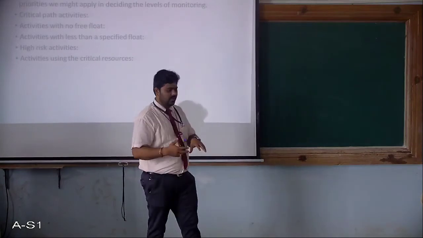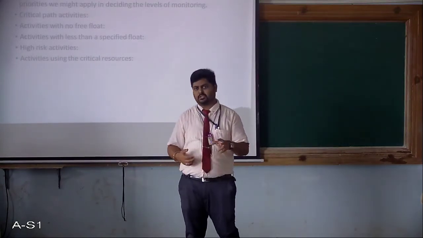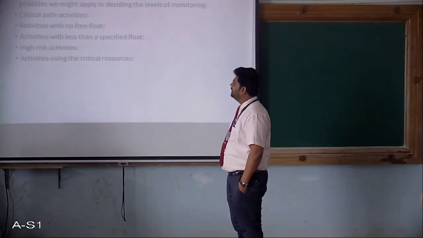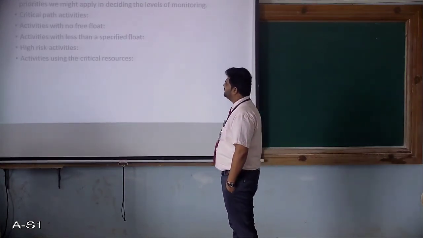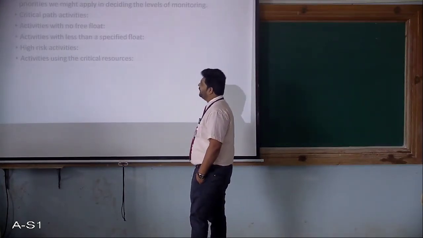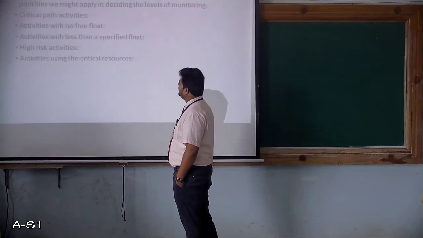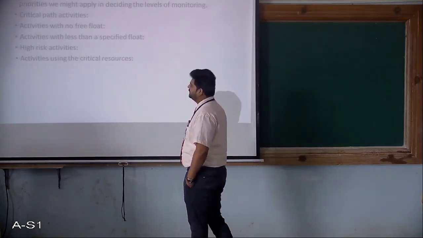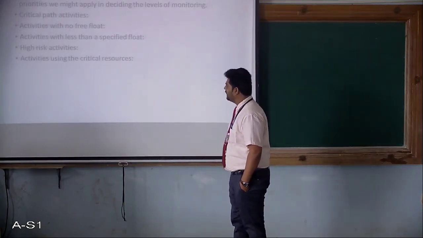In that sense, there are some stages or steps that need to be followed. First, identifying the critical path activities, activities with no free float, activities with less than a specified float, then high risk activities, then activities using the critical resources.